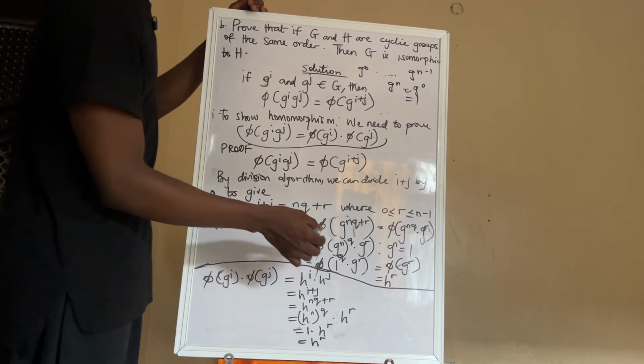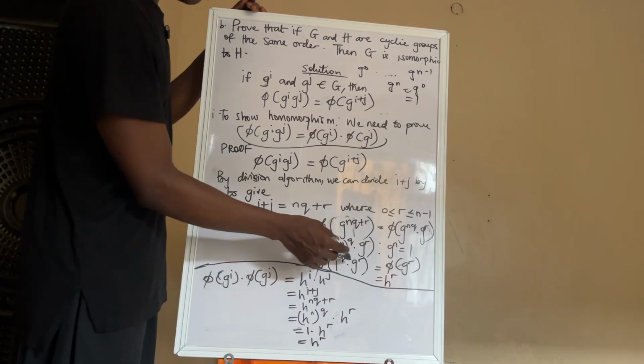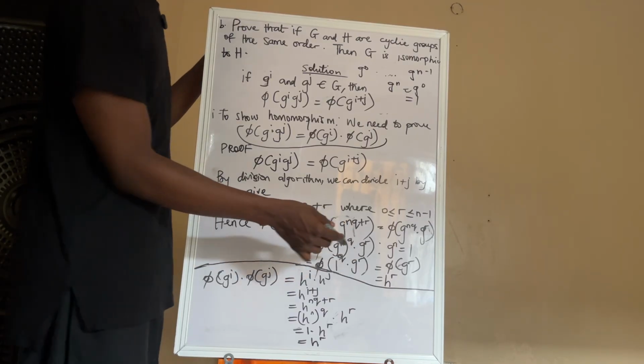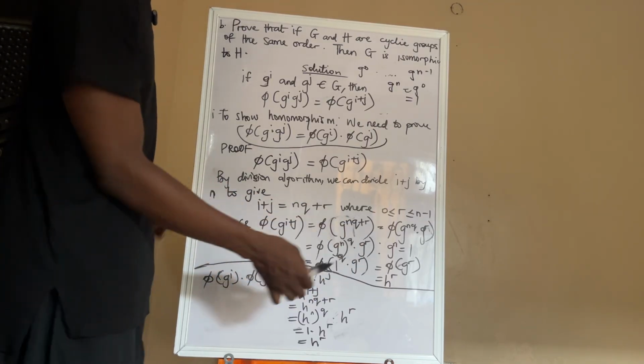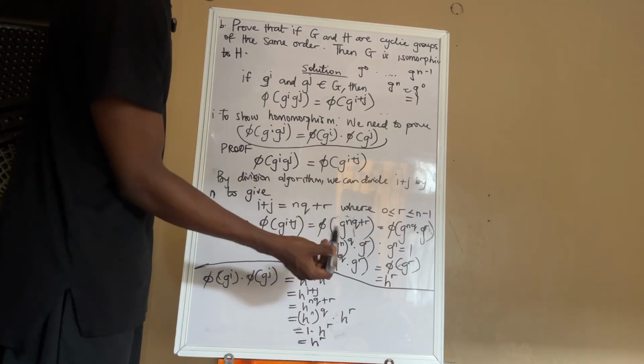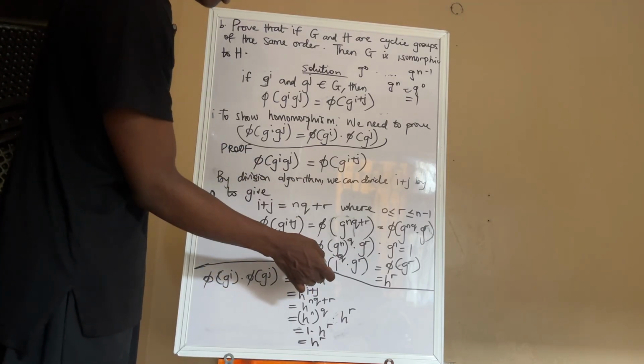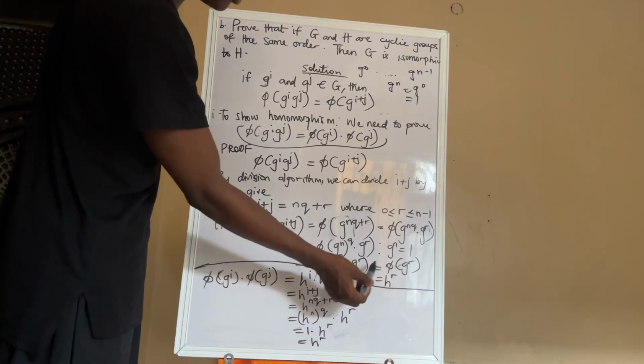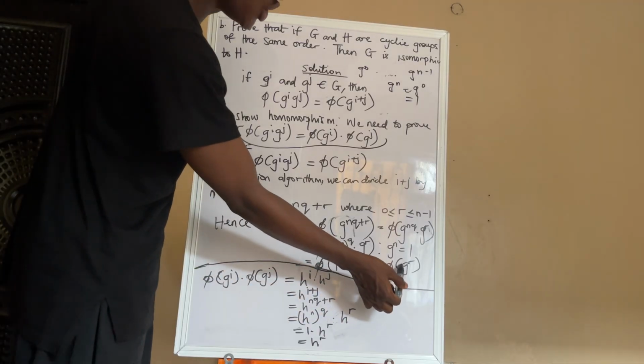So using that, I have phi of 1^q times g^r. I think you should understand how we got there. And this 1 raised power q is still 1. So that's how we got phi of g^r.